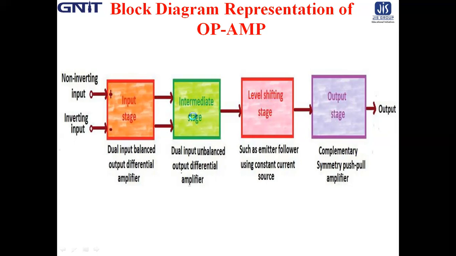The second stage is a dual input unbalanced output. That means it is a single ended, dual input, one single output. So it is an unbalanced output differential amplifier driven by the output of the first stage and also provides additional gain.